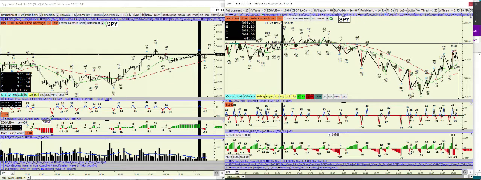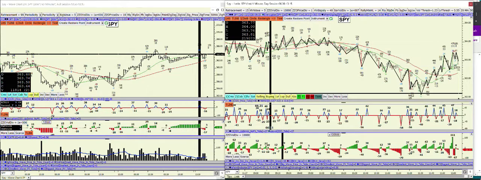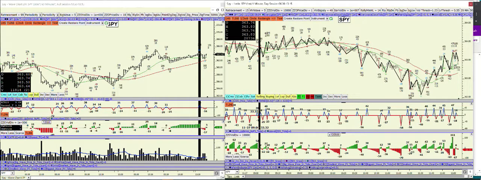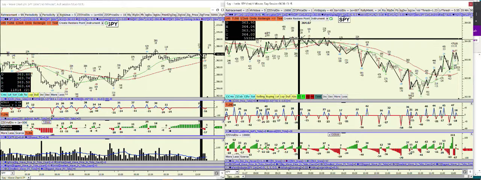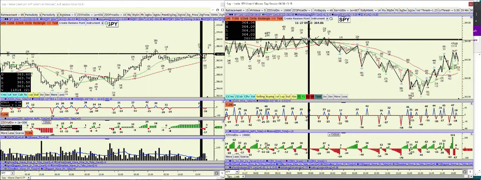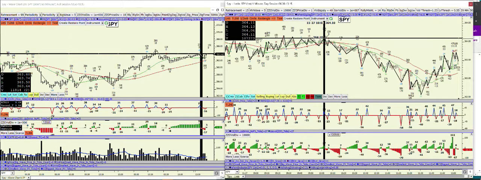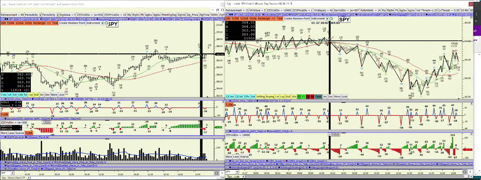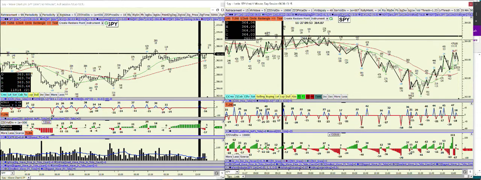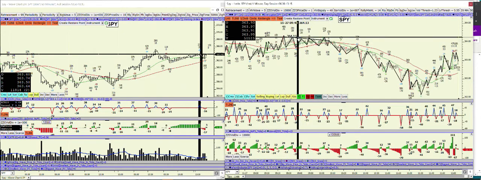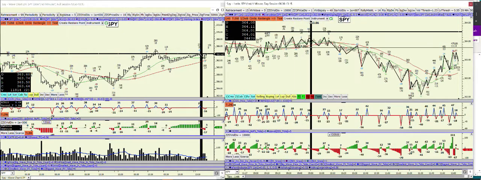And then there's some key things you really got to notice, and they're found in the price distance. From this onward, you see that the thrust, not the thrust, but the distance, it's inaccurate to say thrust, but the distance of each of these waves was decreasing. How do you see that?